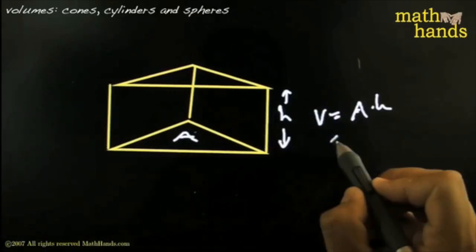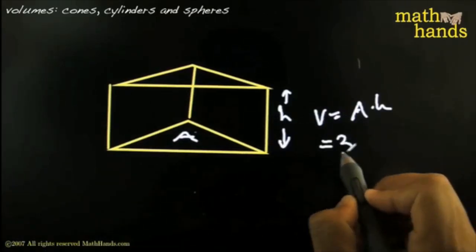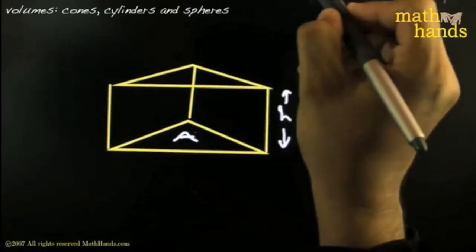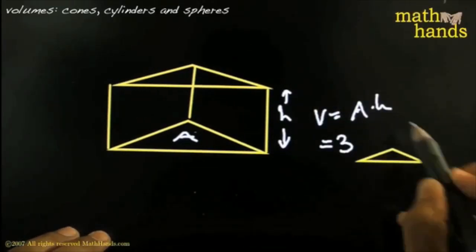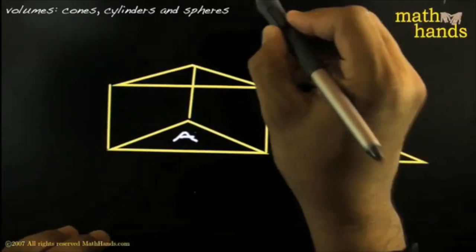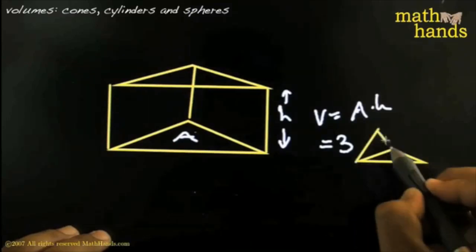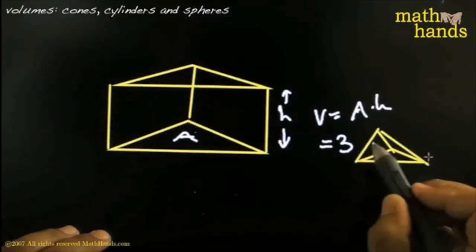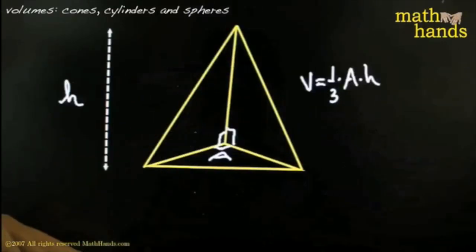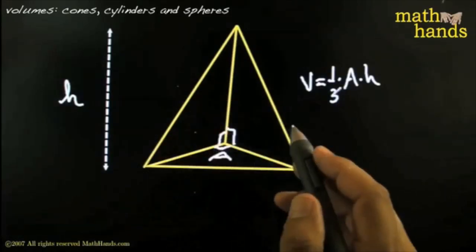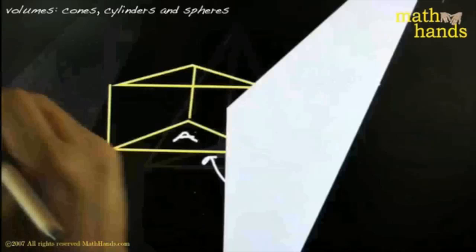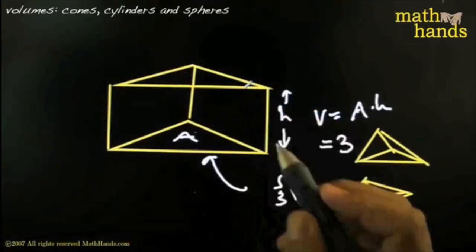So this shape right here is equal to 3 of the shapes that have the triangle on the bottom. And so that explains it: 3 of these pieces make up an entire shape as such.